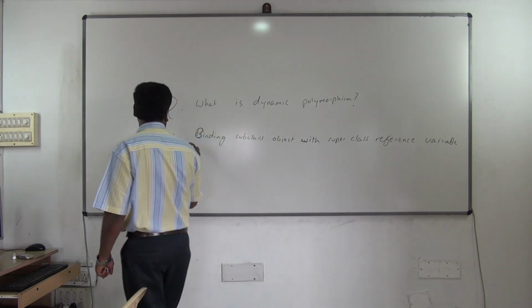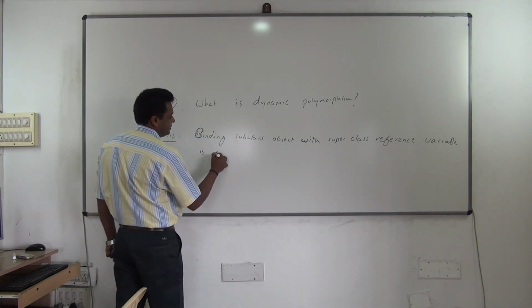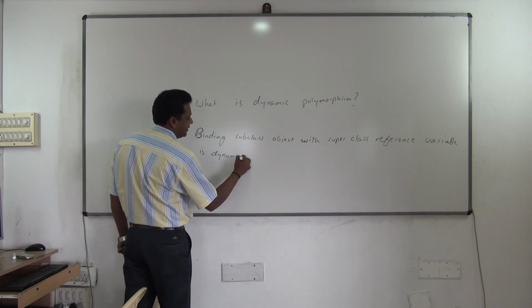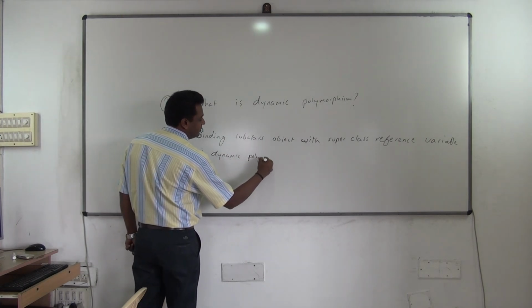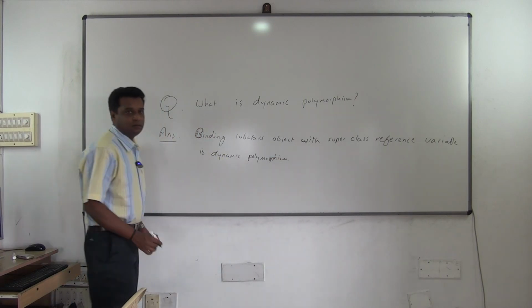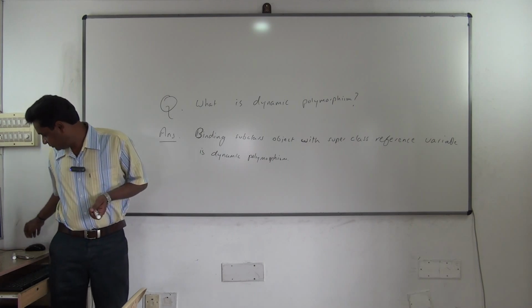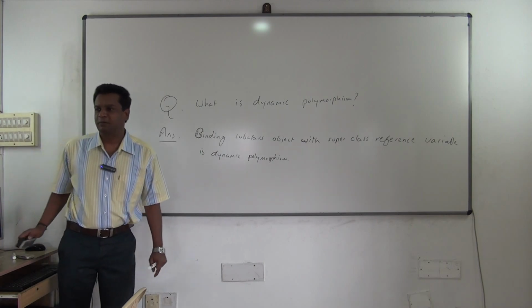Binding subclass object with superclass reference only is called as dynamic polymorphism. This is the most important point. Remember this. This is the most important definition of dynamic polymorphism.